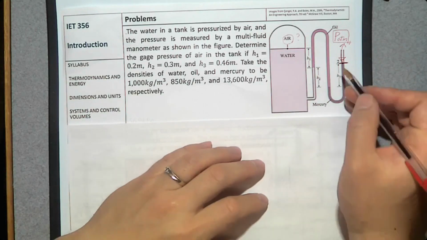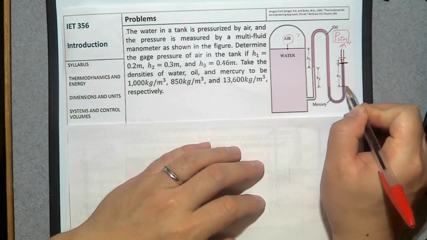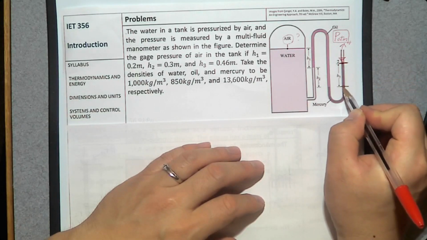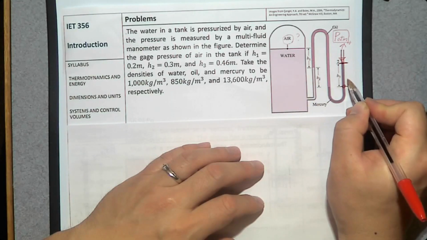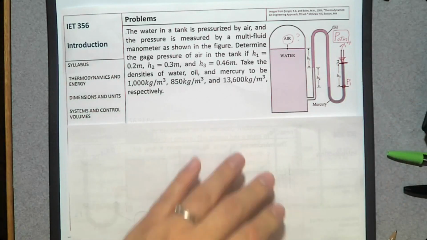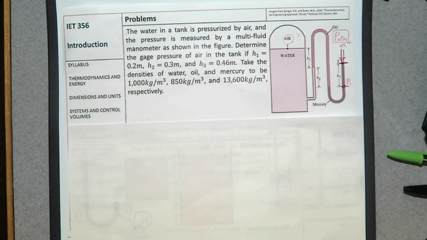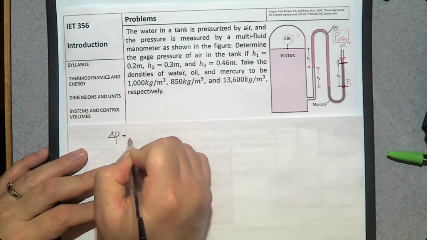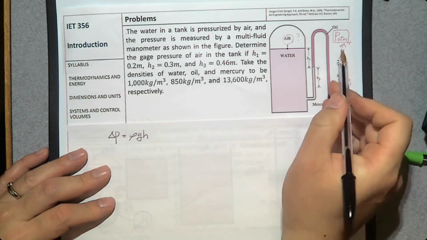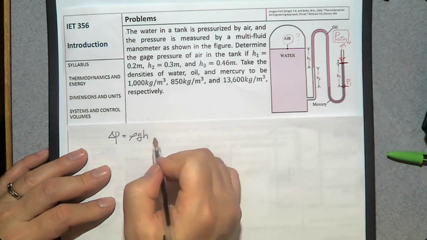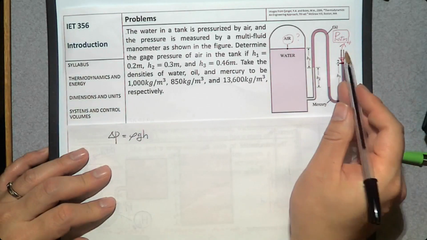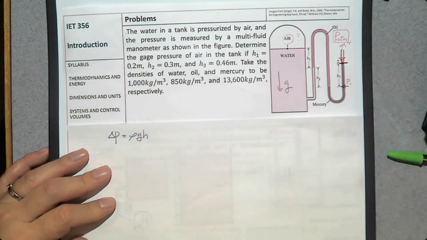Then we have a mercury here. So let's say this one is PATM at this location, and let's say the pressure at this point is P1. Can you determine P1 by using delta P equals rho G H? Yes, we can. We can apply delta P equals rho G H between PATM and P1. We know P1 is greater than PATM because this is the gravity direction, right?